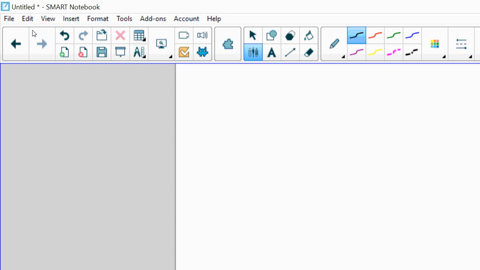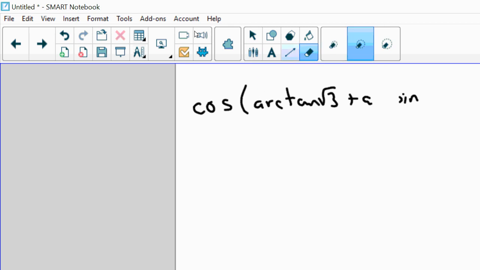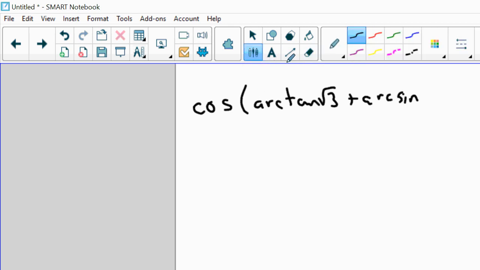And the fun just continues, because then they've got problems that look really scary. And they use the arc tan of the square root of 3 plus arc sine of 1/3.